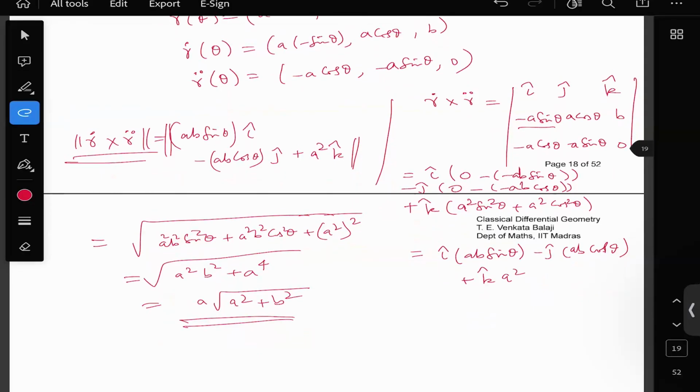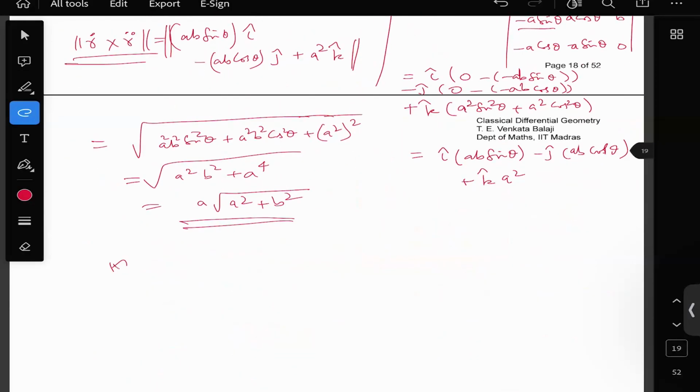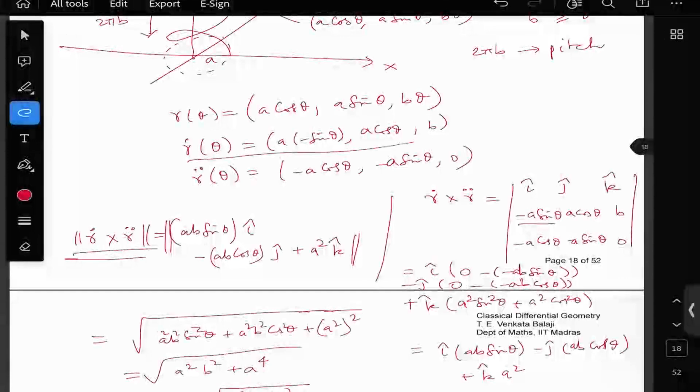Then what do I have to calculate? The curvature at theta, because theta is a variable, is norm of gamma dot cross gamma double dot by norm gamma dot cubed. What is norm gamma dot? From here you see norm gamma dot is the square root of a squared sin squared theta plus a squared cos squared theta plus b squared.